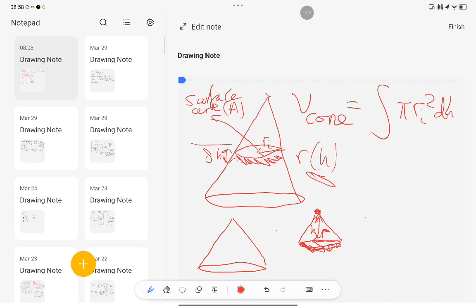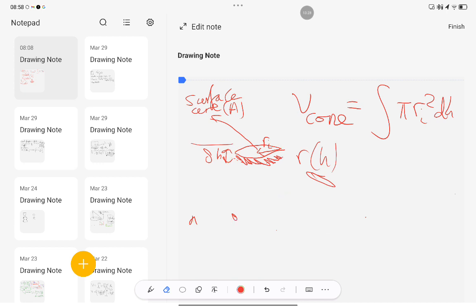Whereas my overall cone from the tip to its base, let's say my cone has a base of capital R and a vertical height capital H. It's important to note that we can form a right angled triangle from both of these. And the right angled triangle is actually similar for both cases.